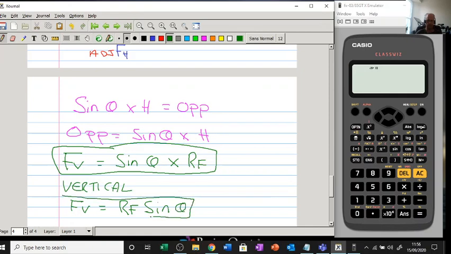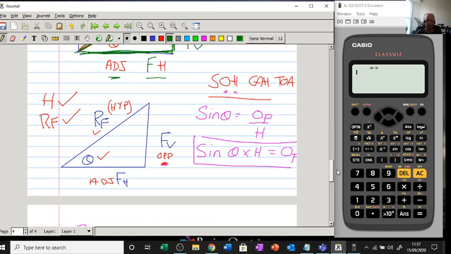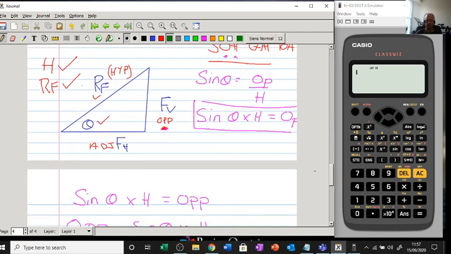Write that down. That's what we need to know. So if I know the resultant force and I know the angle, I can work out the vertical. I can do the same thing for the horizontal.